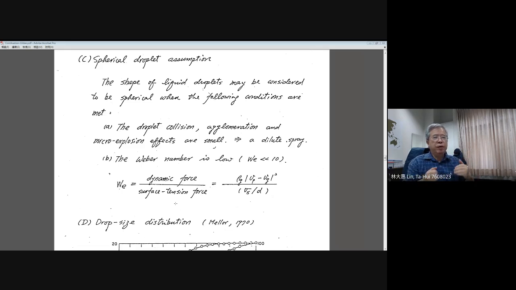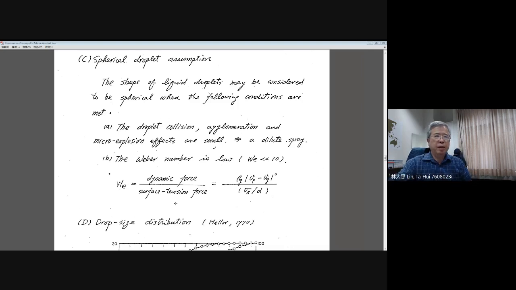The surface tension tries to retain the spherical shape. But the dynamic force between the liquid droplet and the gas, that means a shear force acting on the droplet surface, tries to tear and move your liquid surface to a different shape. So the dynamic force tries to distort the spherical shape.